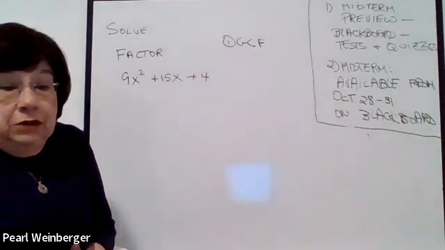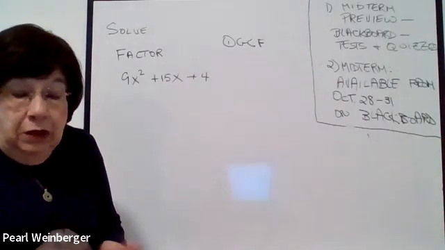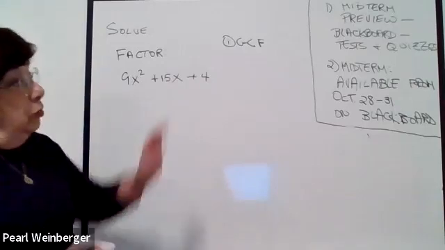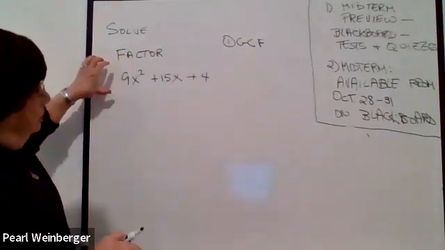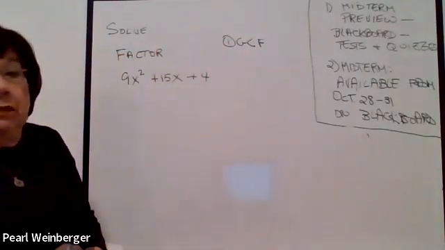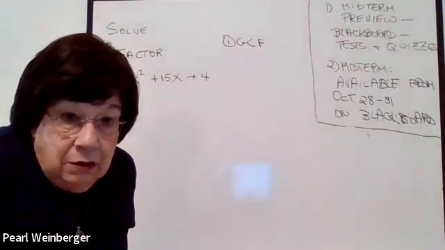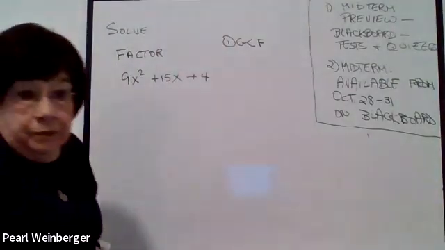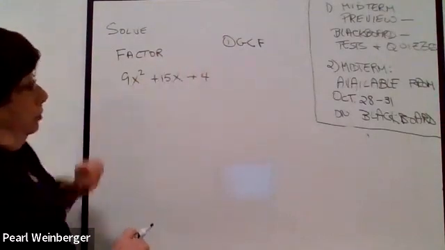After you've taken care of that, there are three other types of factoring depending on whether you have 2, 3, or 4 terms. So we're going to first see if there's a greatest common factor. And then since this has 3 terms, we're going to talk about how to factor this trinomial.